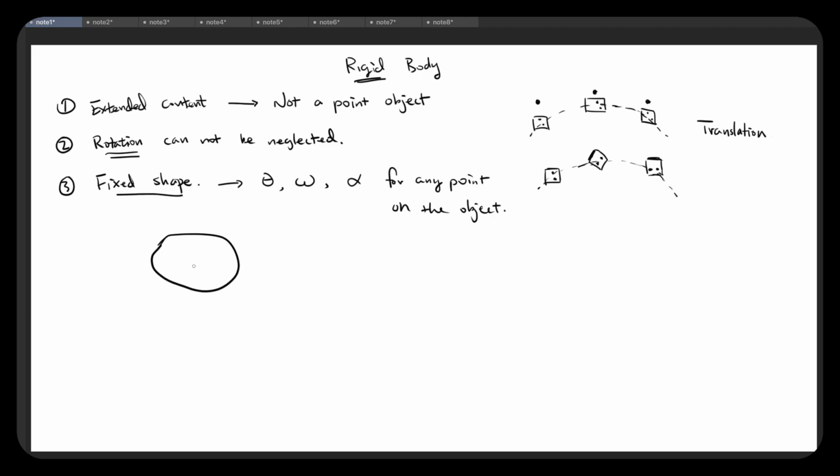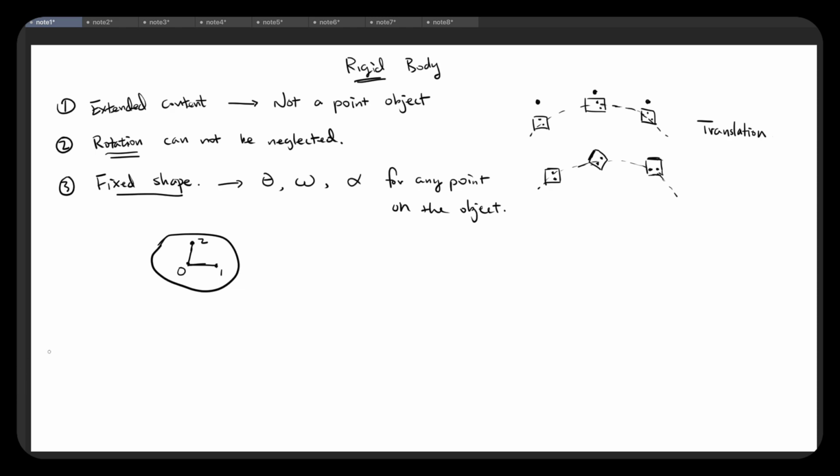Here, let's say, is point O, we call rotation axis, going through this point. And we have some initial orientation for this point, point 1, with respect to rotation axis O. And there's another point, let's call this point 2, with its initial position or orientation with respect to point O.